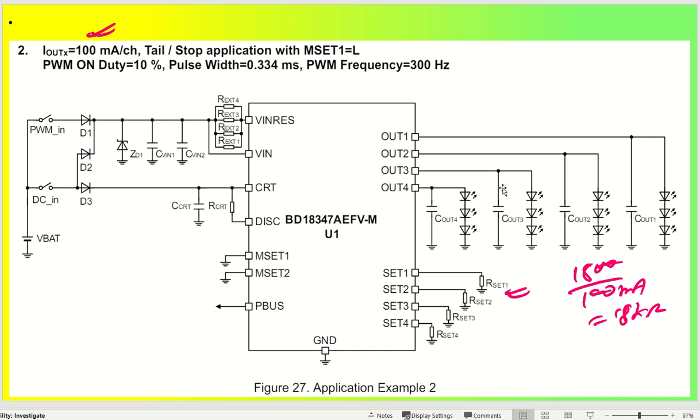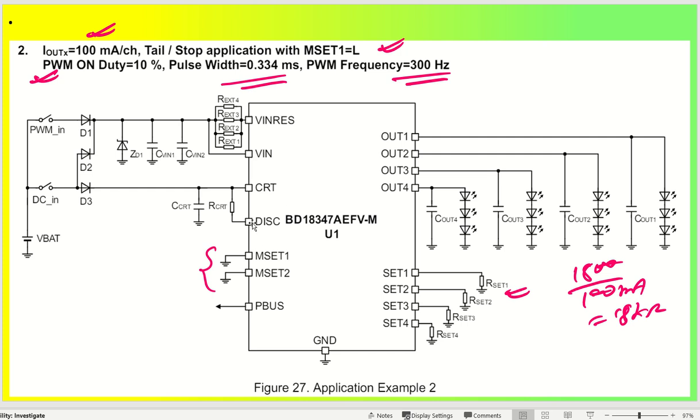Rest all are the same. It is going to be a stop application with mode setting as low. In that case, you have to ground both the mode pins, mode setting 1 and mode setting 2. That is the only change that you will see, with the same PWM duty cycle and pulse width, and PWM frequencies remain the same as the previous design.